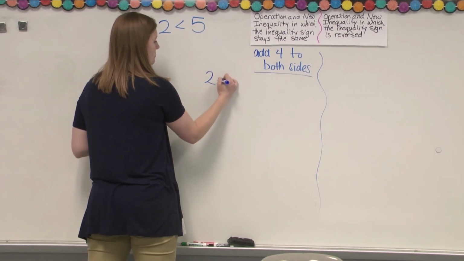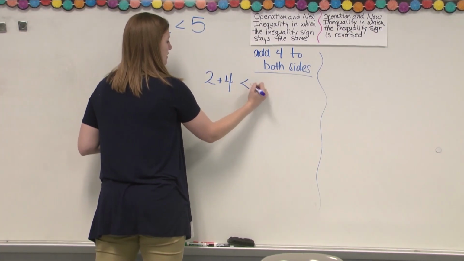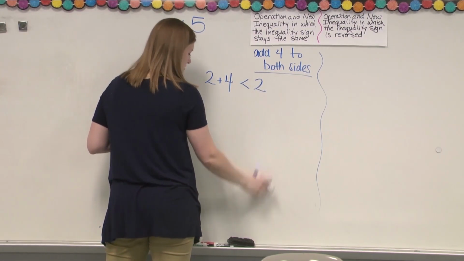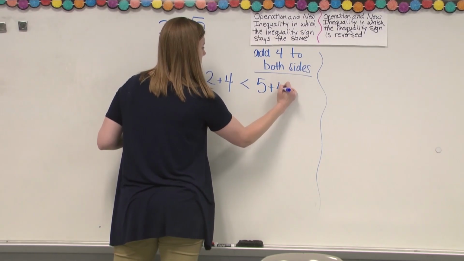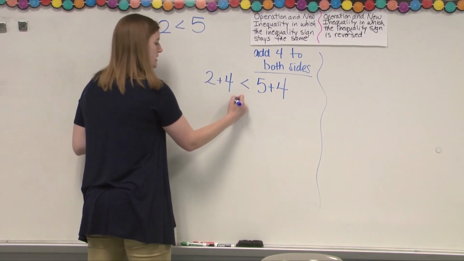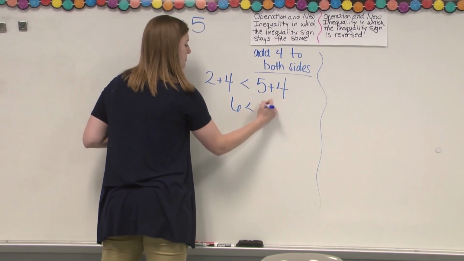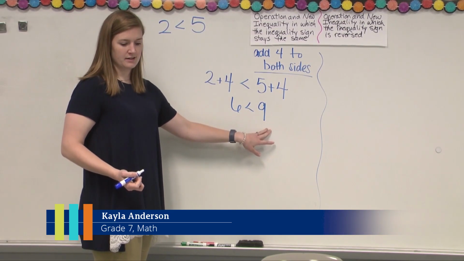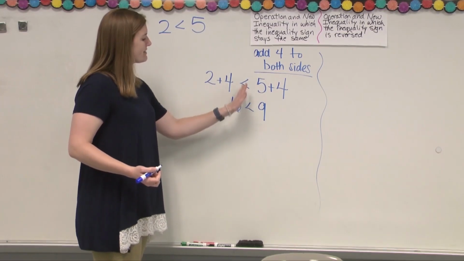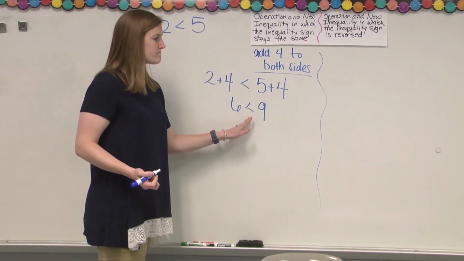So 2 plus 4 less than 5 plus 4. Okay, so 2 plus 4 is 6, and 5 plus 4 is 9. 6 is less than 9. Notice that the inequality sign didn't change here, it stayed the same.